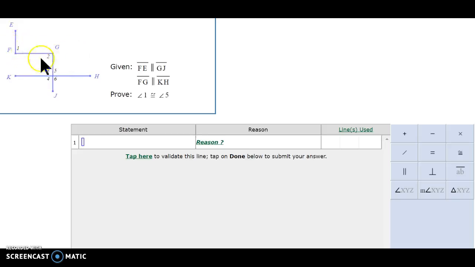So angle 1 and angle 2, they would be alternate interior as well, right? Angle 1 and angle 2, they would be alternate interior too. Okay, if you don't understand what I've just talked about on the relationship between 2 and 5 and 1 and 2, please rewatch this section again.